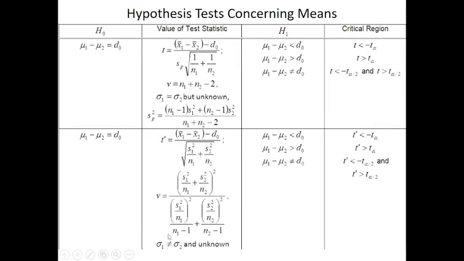As you notice, we're testing this null hypothesis: mu sub 1 minus mu sub 2 is equal to d sub 0, where the standard deviations are not equal, sigma 1 is not equal to sigma 2, and unknown.